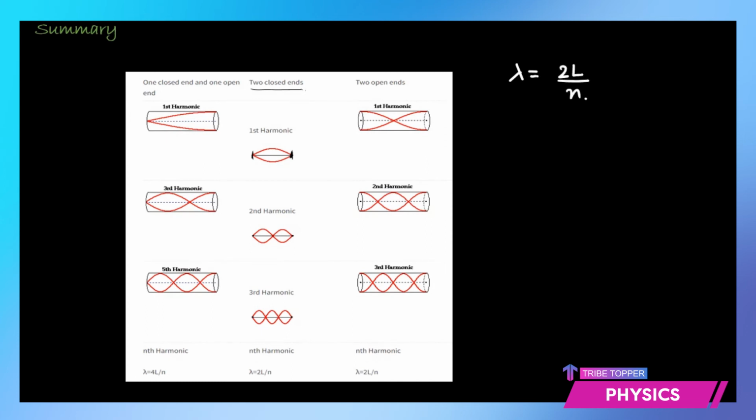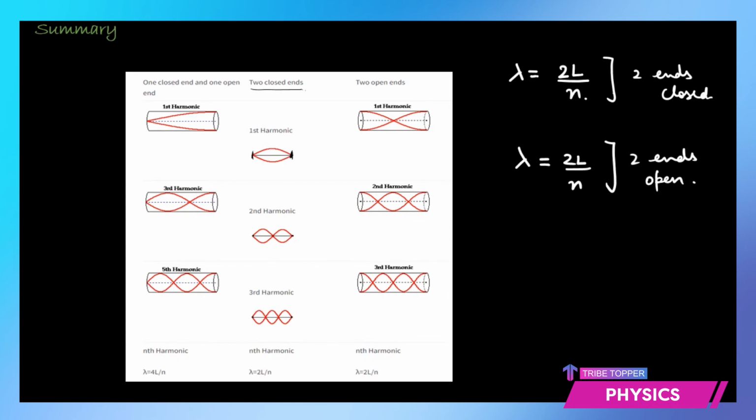When you have both ends open, you get two antinodes and one node in the middle, so you get first, second, third harmonics, and the wavelength of the nth harmonic is also 2L by n. Whether you have two ends closed or two ends open, in both cases your nth harmonic wavelength is 2L by n.